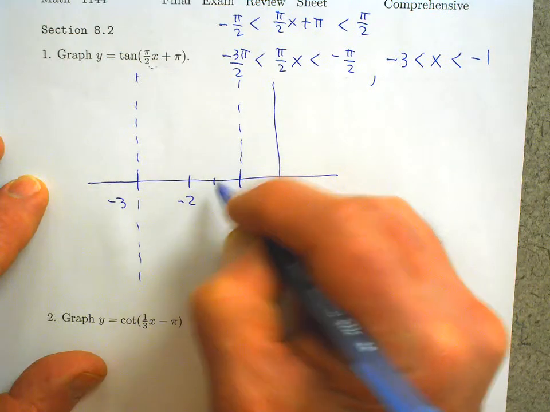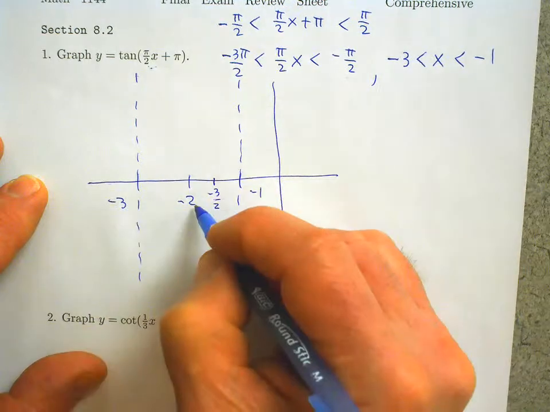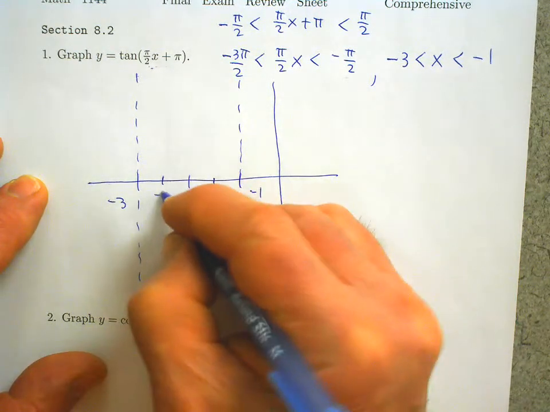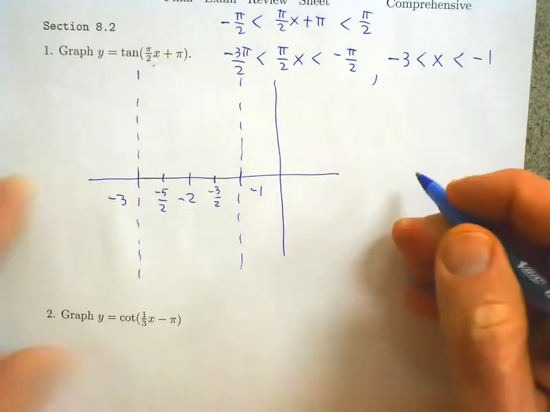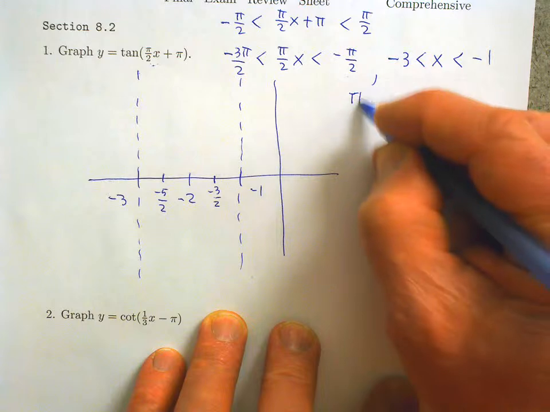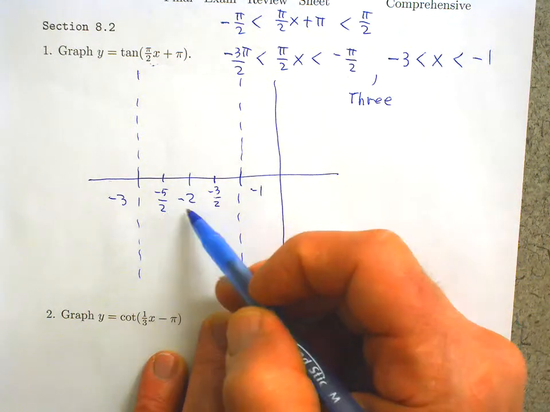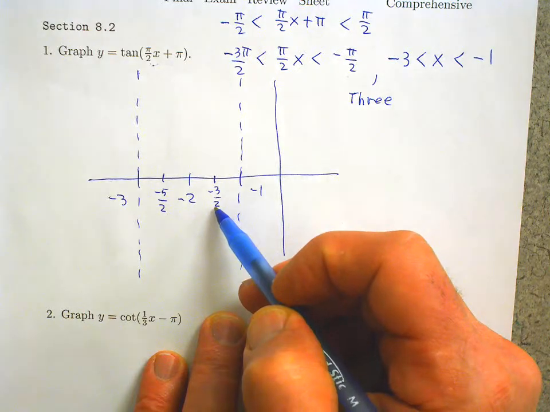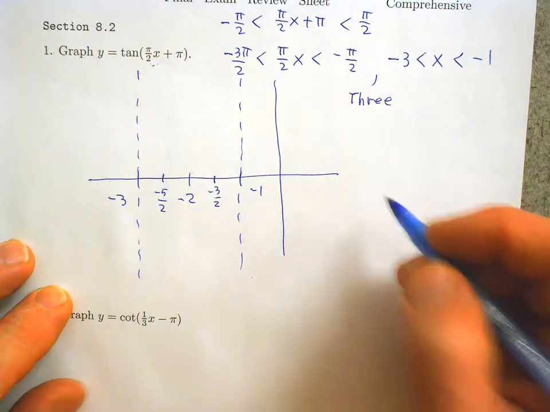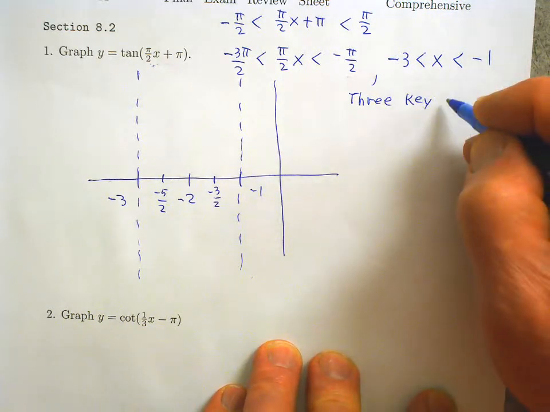So this point will be negative 3 halves, and then halfway between negative 3 and negative 2 is negative 5 halves. Okay, so our 3 key points involve x values of negative 5 over 2, negative 2, and negative 3 over 2. And the vertical asymptotes also have to be identified.